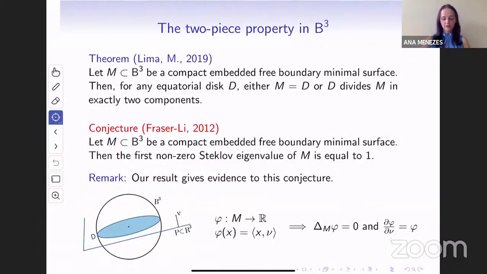So if the conjecture by Fraser and Li is correct, 1 here will be the first Steklov eigenvalue, right? And then we just need to apply the analog of Courant's result, which we also have in the free boundary context. And again, you are going to get the two-piece.